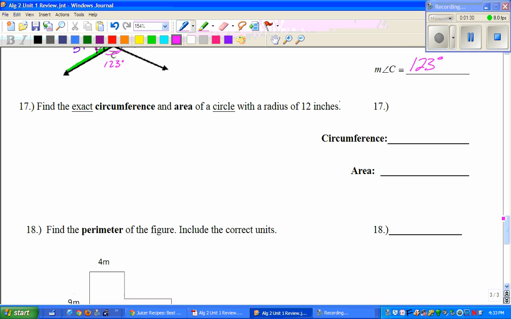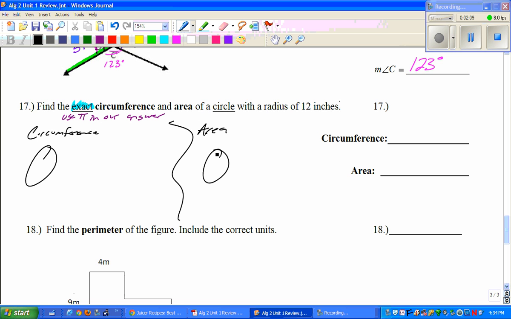All right, number 17 says find the exact circumference and area of a circle with a radius of 12 inches. Here's the keyword right here: exact. When they're talking about exact, we're going to use pi in our answer. They don't want 3.14, they just want the number pi. So we have to find the circumference and the area.